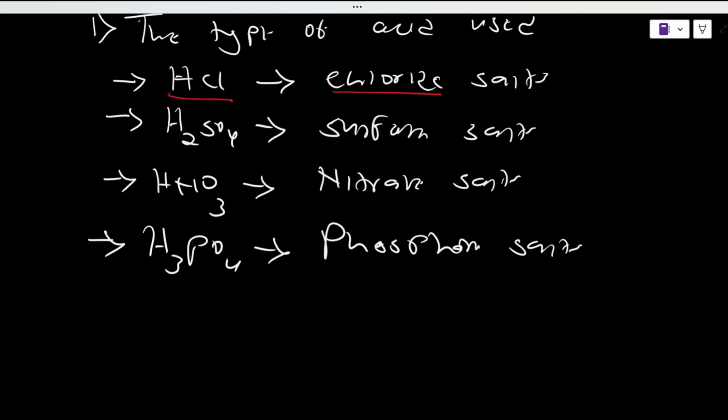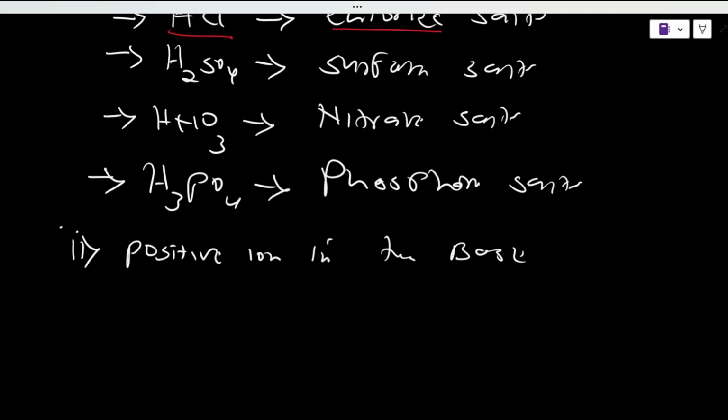And the second thing that determines the identity of salt is the positive ion in the base. The positive ion can either be a group 1 or a group 2.